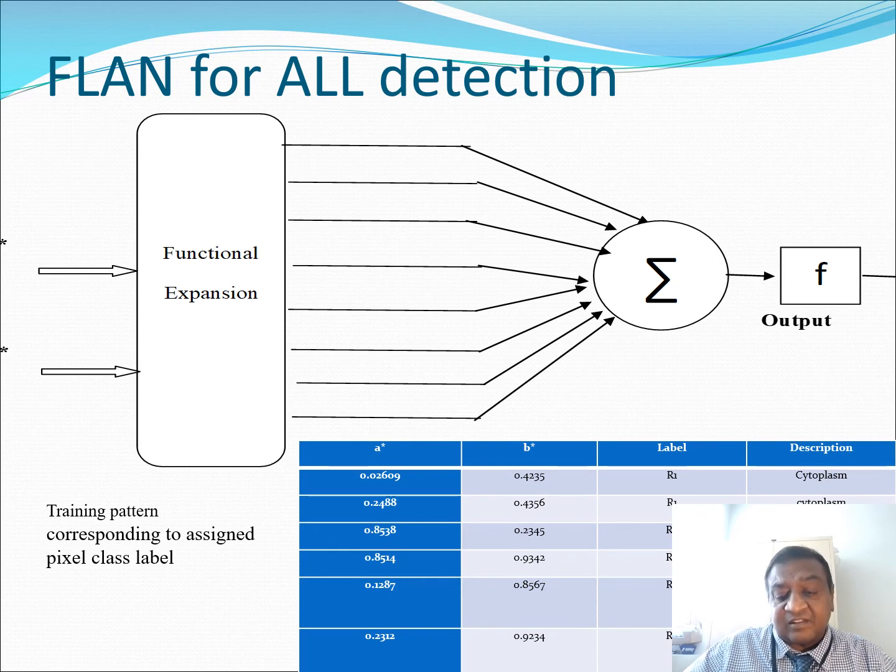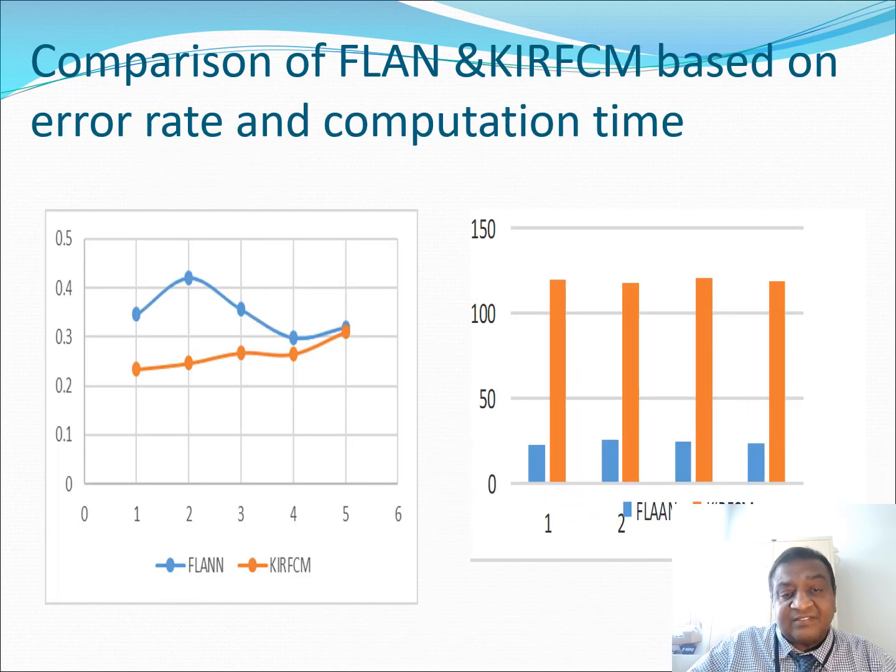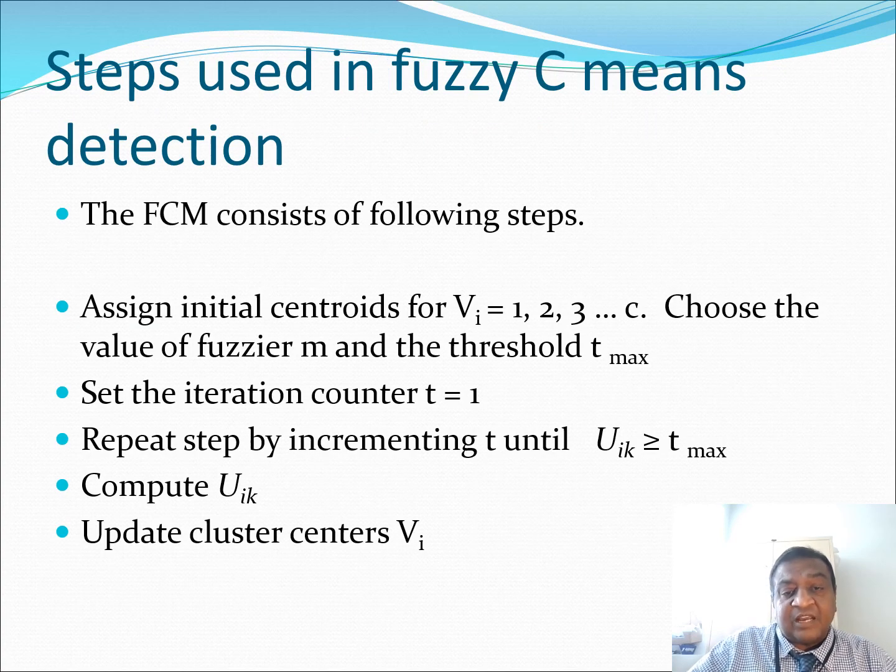There are 3 algorithms we have used: one is functional LAN, another is Fuzzy C-means clustering, and another is KAR-FCM, that is kernel-induced rough Fuzzy C-means algorithm. We computed the segmentation accuracy and the error rate, from which we deduce that the kernel-induced rough Fuzzy C-means algorithm is the best. And these are the steps used. I don't have time to explain these steps.